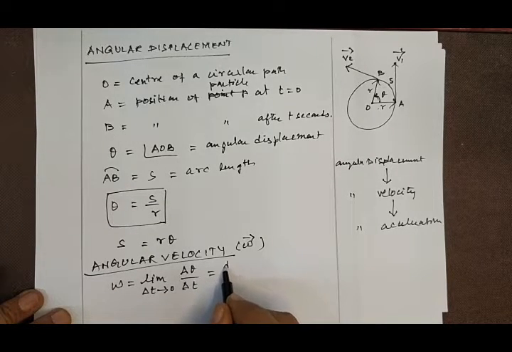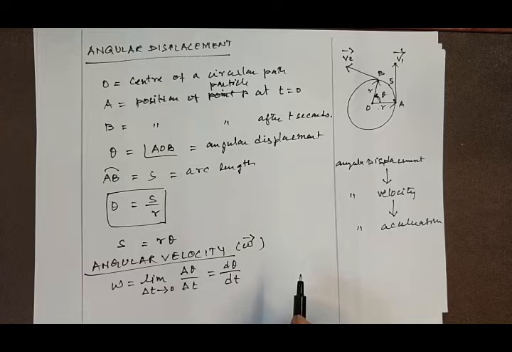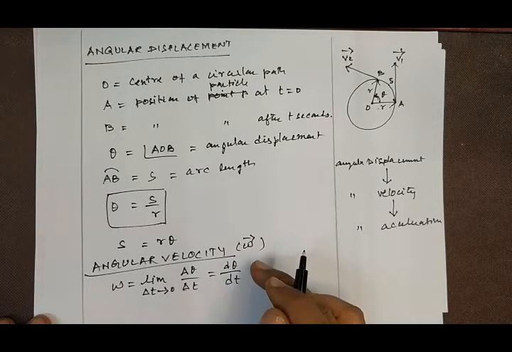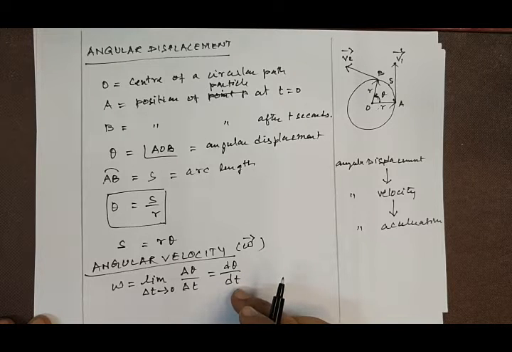So, d theta divided by dt. Any change taking place in the shortest interval of time can be called differential changes. So, d theta by dt is nothing but omega, and this is the angular velocity. And theta is given in terms of radian, and dt is in seconds.